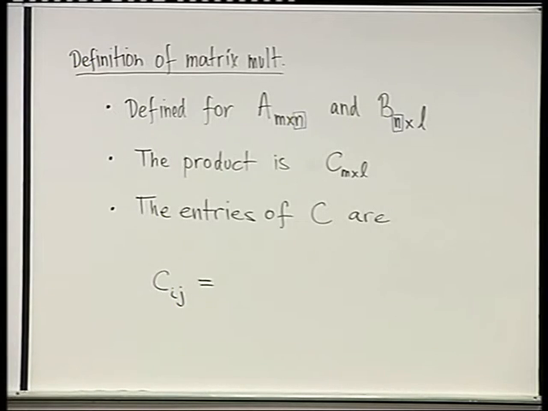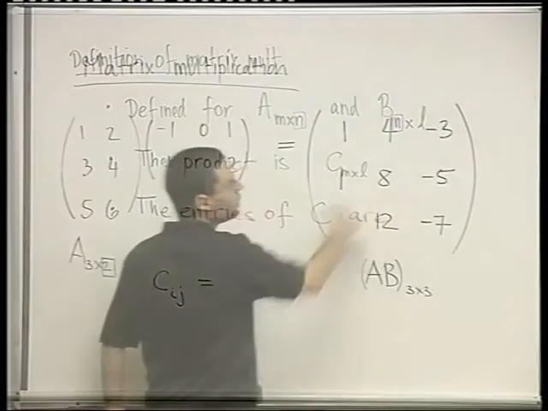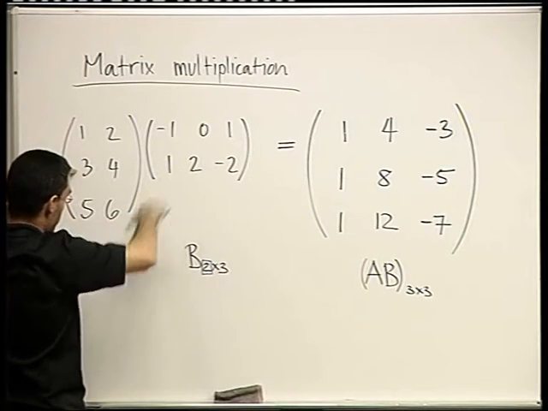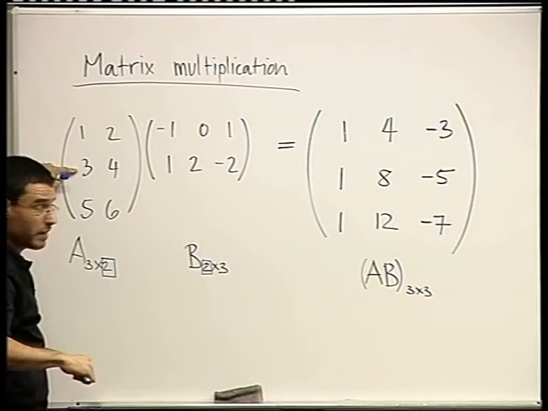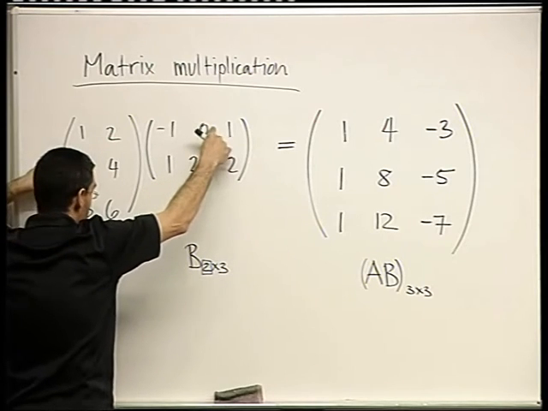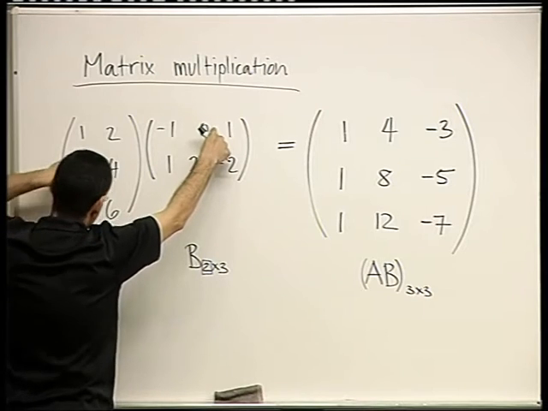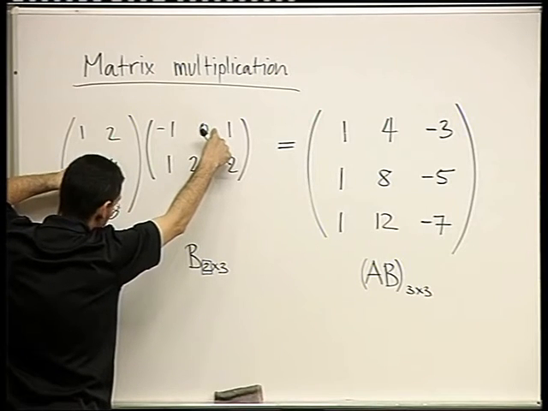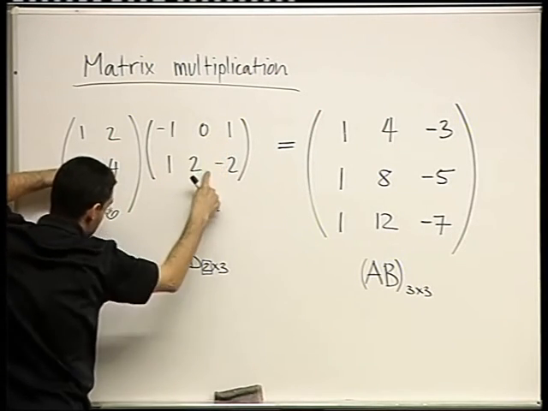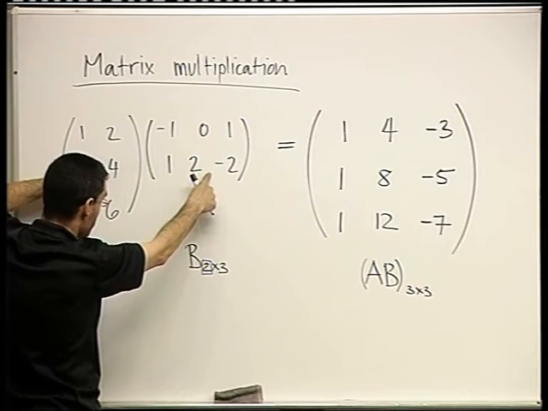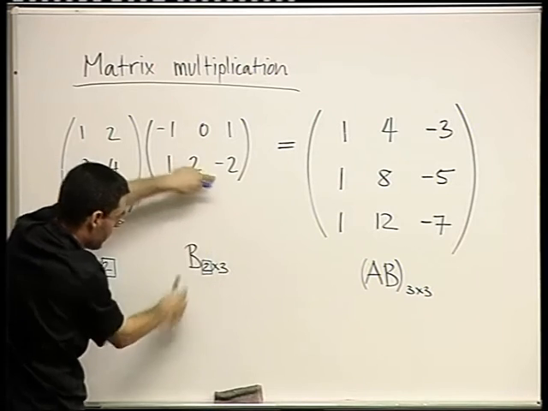The ijth entry, let's say the 2,2 entry, we took the first element in the second row of A times the first element in the second column of B, plus the second element in the second row of A times the second element in the second column of B. And if there were more rows and columns, it would go on, right?